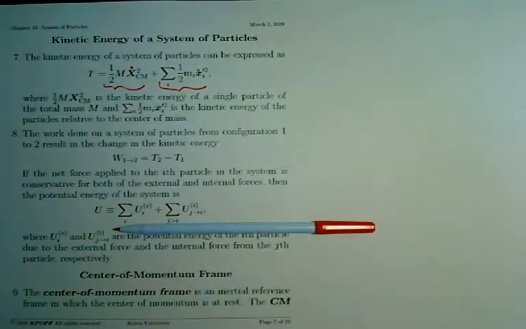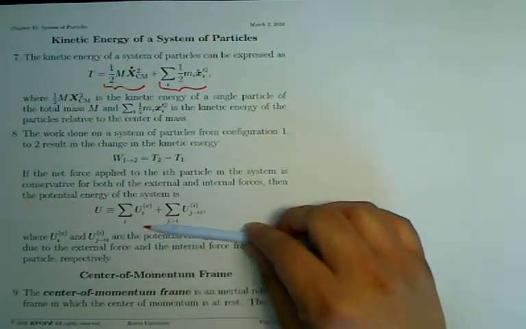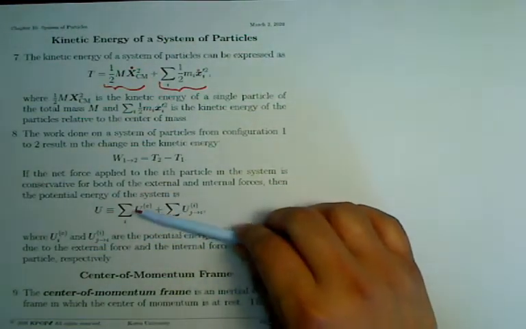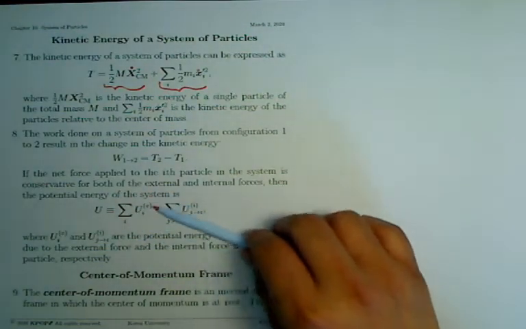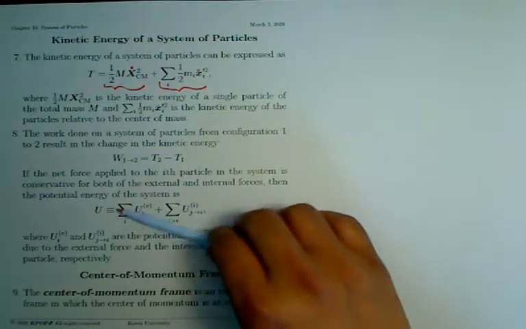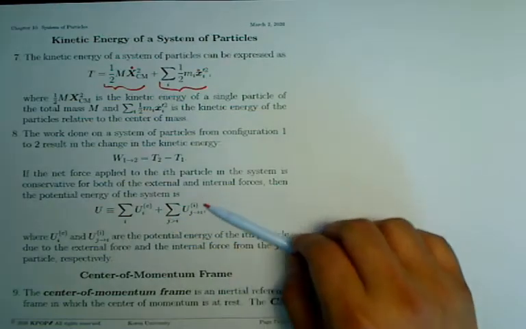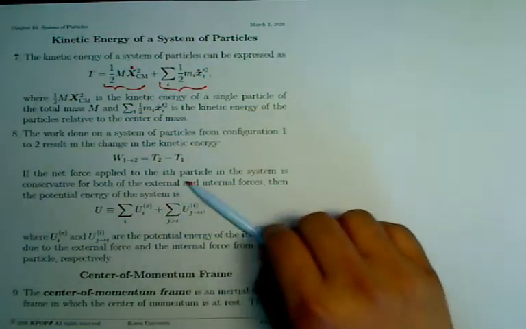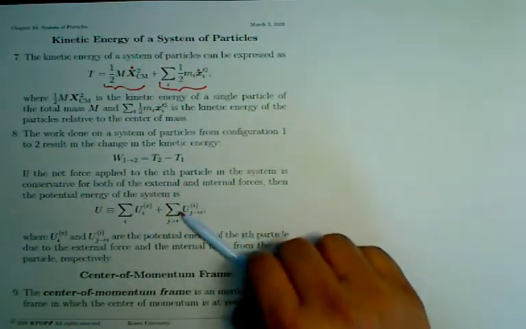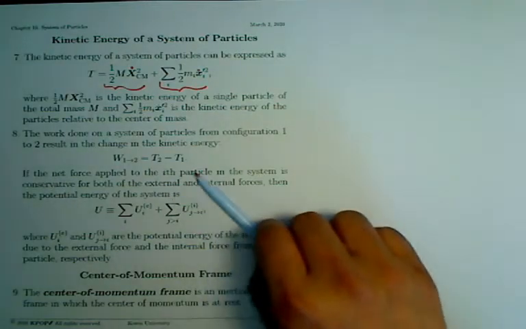If we consider a two-body system, the potential energy calculation is simple. However, if we have a system of particles, we must consider the potential energy due to the presence of the external force, and the potential energy due to the interaction among the particles making the system.